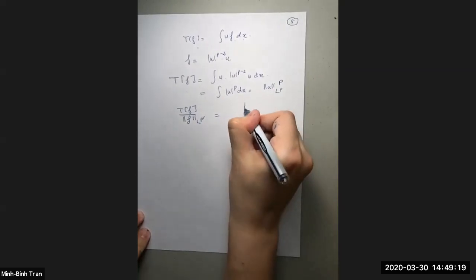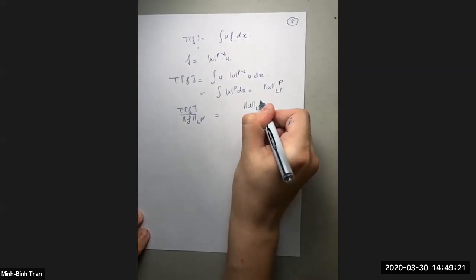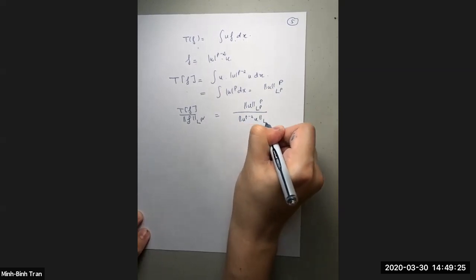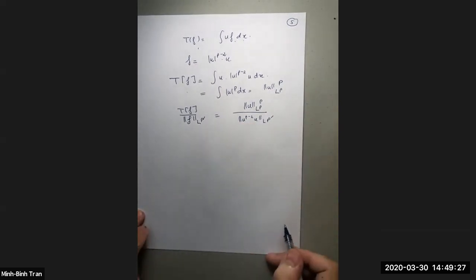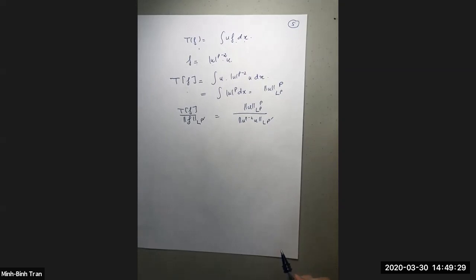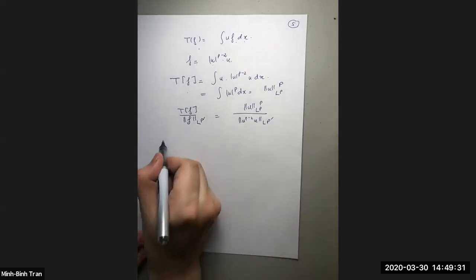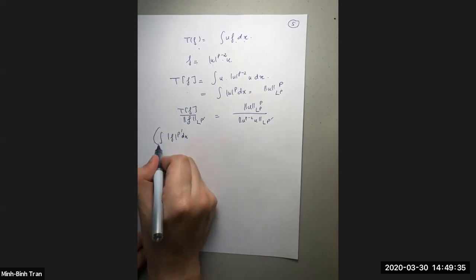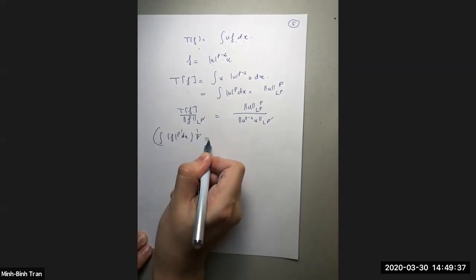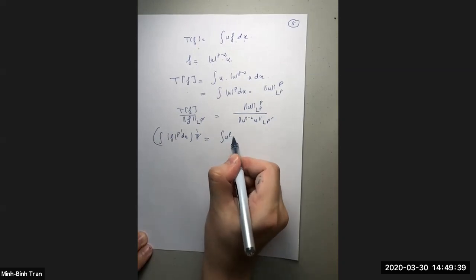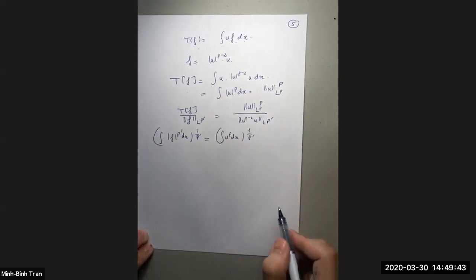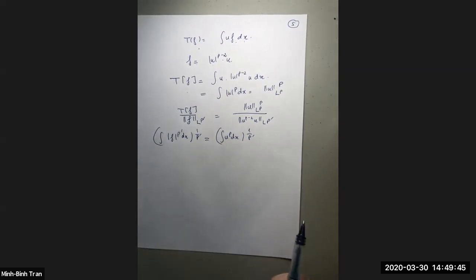So this is going to be the norm of u to the p over the norm of u to the p minus 2 times u in L^p prime, right? So we know from the previous fact that the integral of f to the p prime dx to the 1 over p prime will be the integral of u to the p dx to the 1 over p prime, all right? So this is what we just showed.